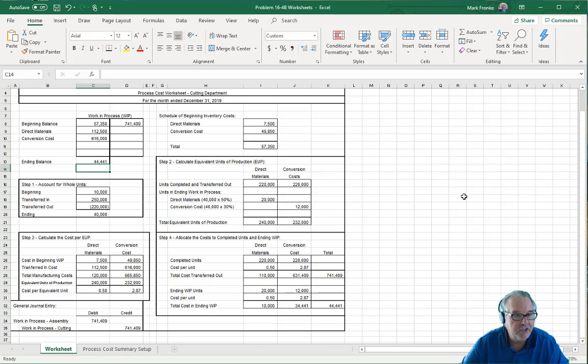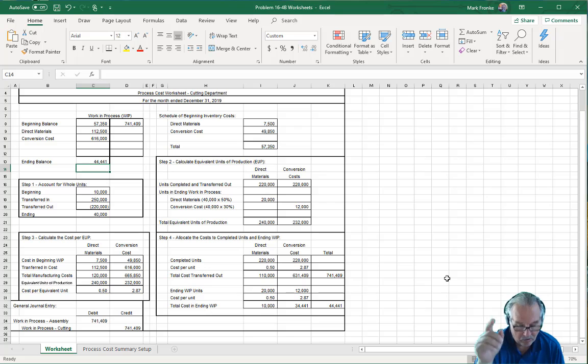I should get the balance I calculated for ending work in process. The cool thing about this type of calculation is if you mess something up, this isn't going to balance. And it does balance now because we transferred 741,409 out of work in process cutting, and it leaves a balance with the exact dollar amount we calculated in step 4.